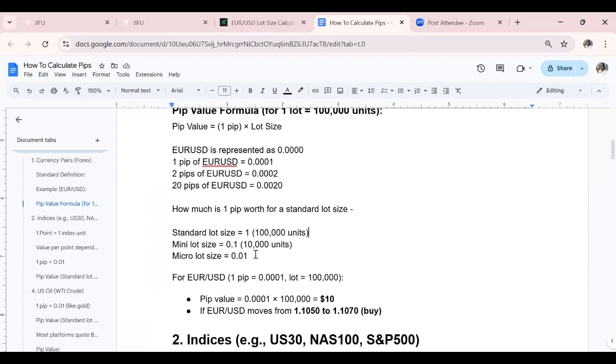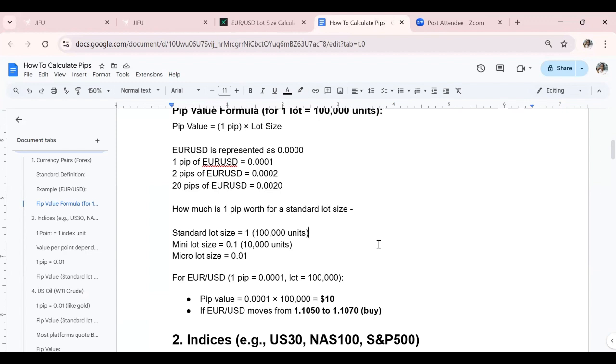Which means the Euro case could be different from others. We'll still see it. So now what brought us to this point is that we are trying to find out the dollar value of a pip.